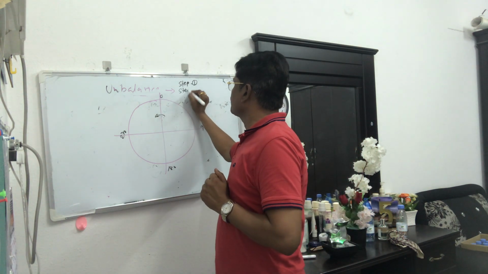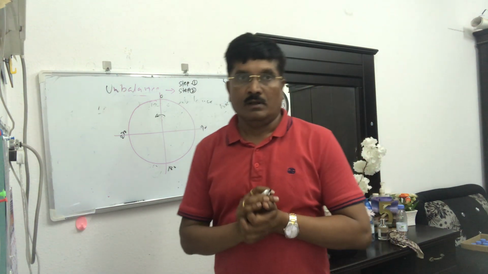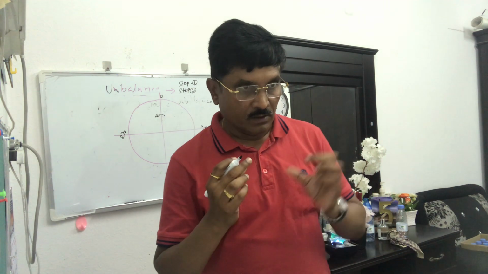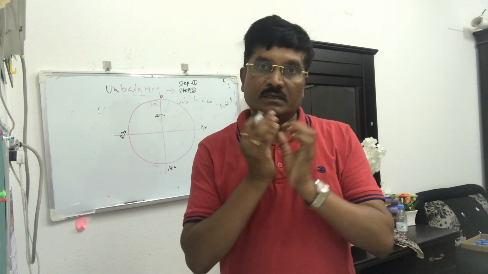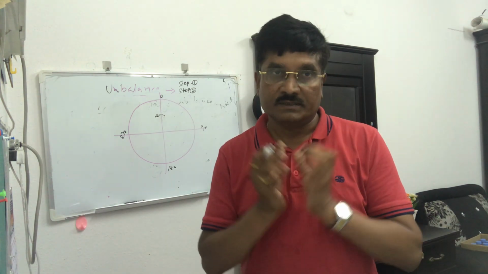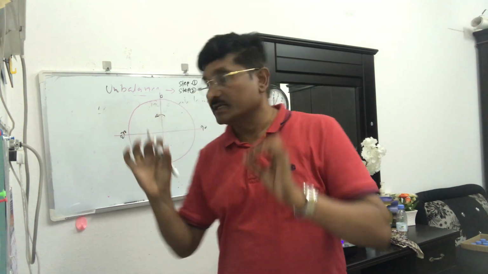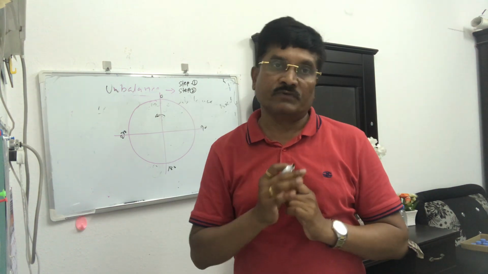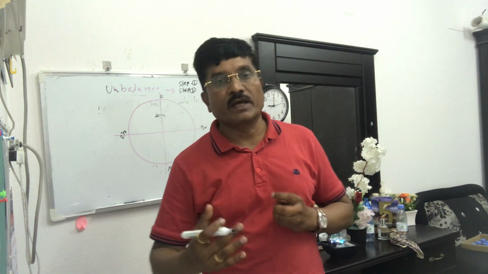Step 2, now run the machine. No need to run the machine at full speed, because whatever unbalanced weight is there does not change its self weight. Suppose there is 10 gram of unbalanced weight somewhere on the rotor, it is the same, only the vibration force changes, and that force is proportional to the square of the speed.